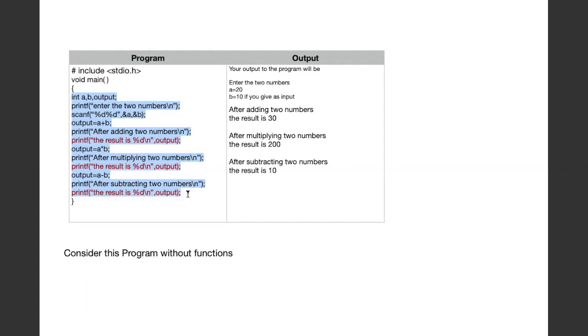If I have multiplication, I write multiplication separately. And if I have a difference of two numbers, I write a separate function for that. That means instead of writing everything in the main function, we write each function separately. So that is what we are going to see next.